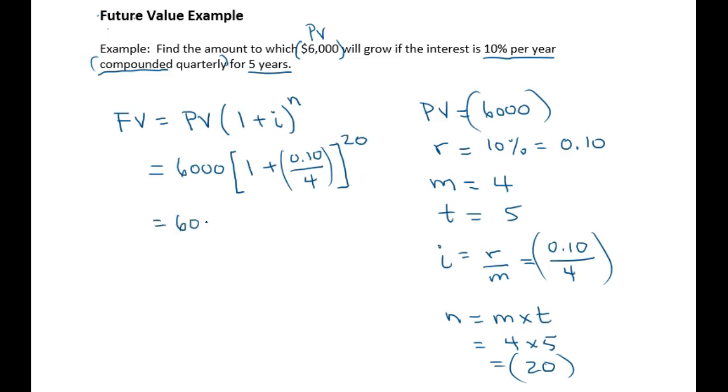You do need to make sure that you do whatever's in the bracket first. You can leave it in your calculator as you do the steps along the way. If you do 0.10 divided by 4 plus 1, you should end up getting 1.025, and that bracket is to the exponent 20.